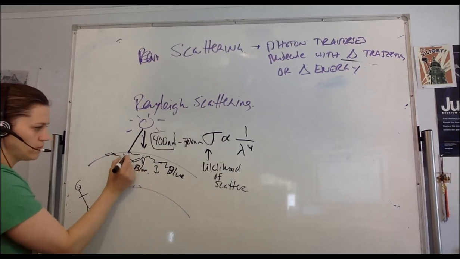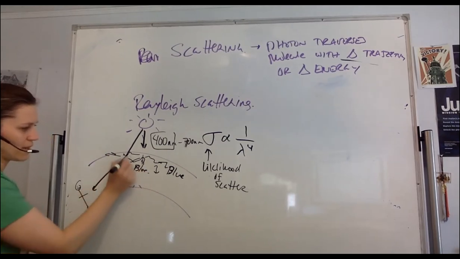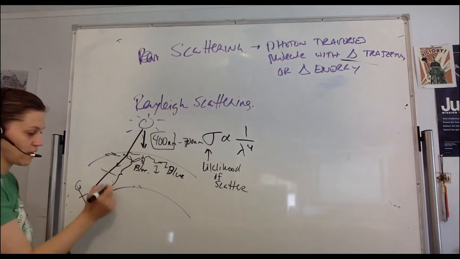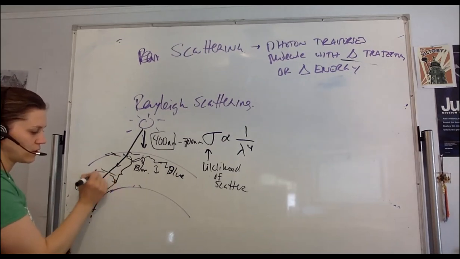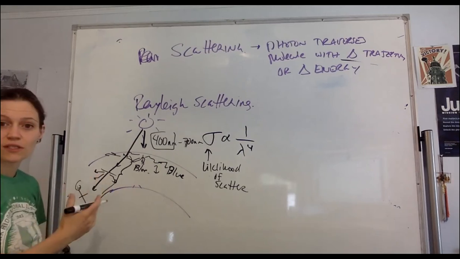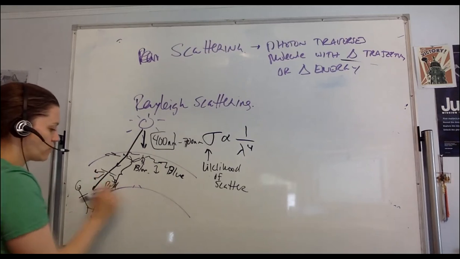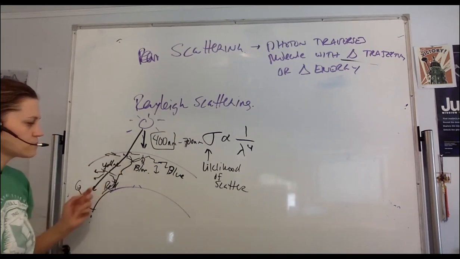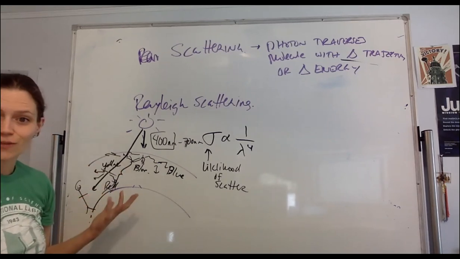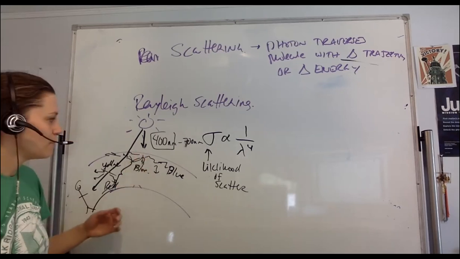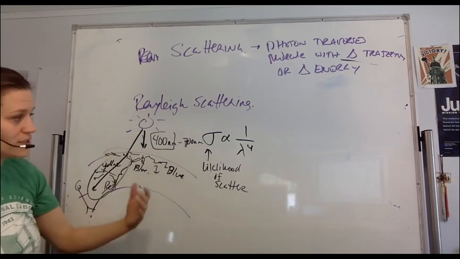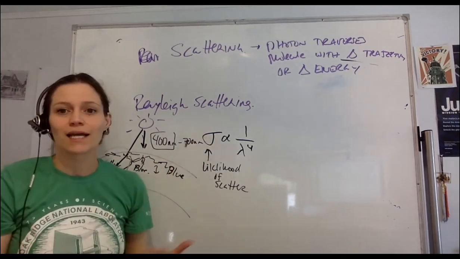But then as you go through a longer path length, about right there, the longer wavelengths will start to scatter. This is where red will start to scatter and yellow will start to scatter. And so that's why sunsets, or sunrises, are red, because of the length of the atmosphere that gives the photons opportunities to increase the likelihood of scatter.